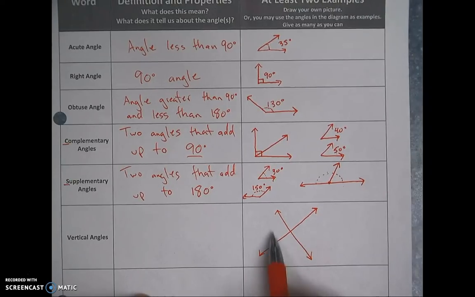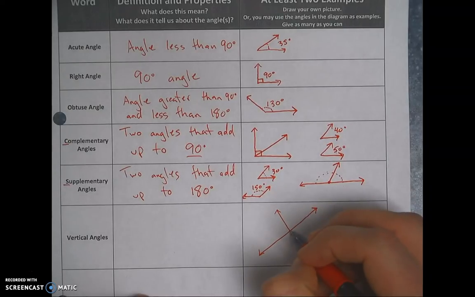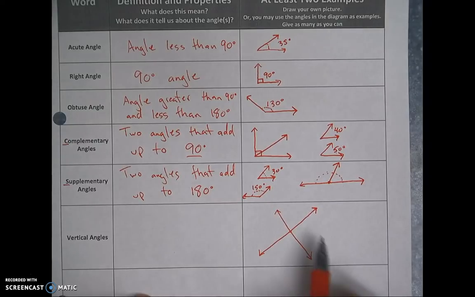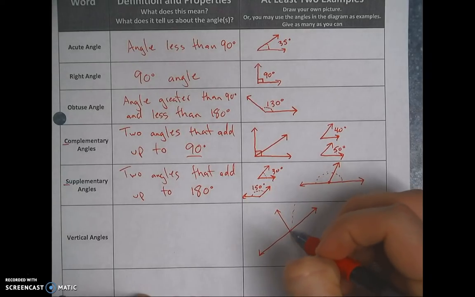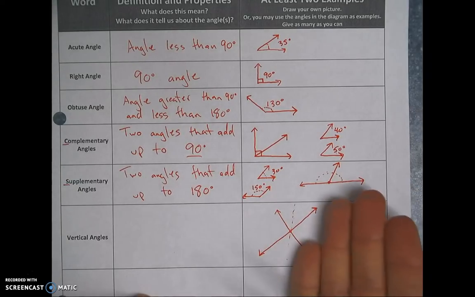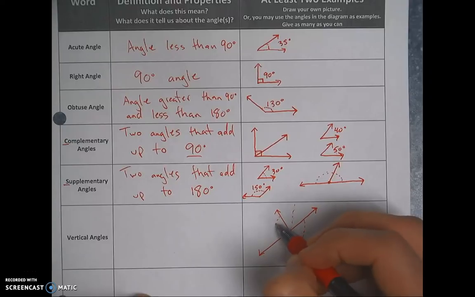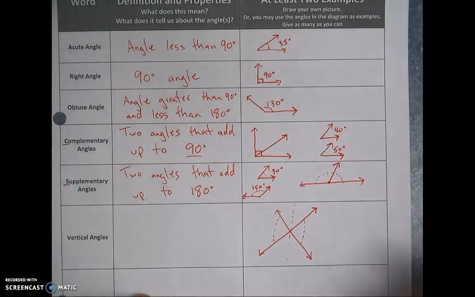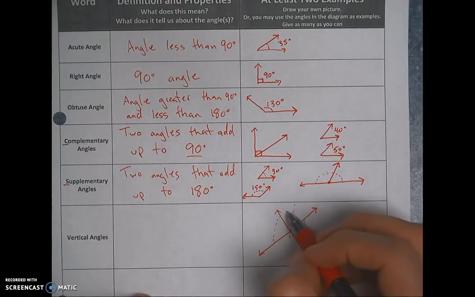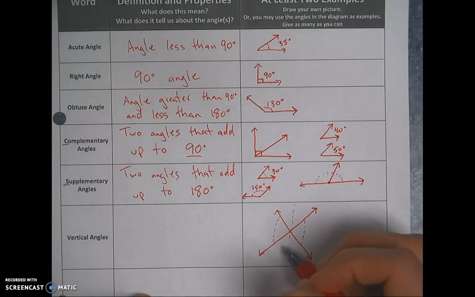All together they're going to add up to 360, because if this is the center of my circle, I get all the way around 360. Opposite angles are actually going to be equal to each other. And if you think about it, if you took this and folded it over this dotted line, this angle right here would fold perfectly on top of this angle right here. It's like a mirror image. And you could do the same thing up here and over here.